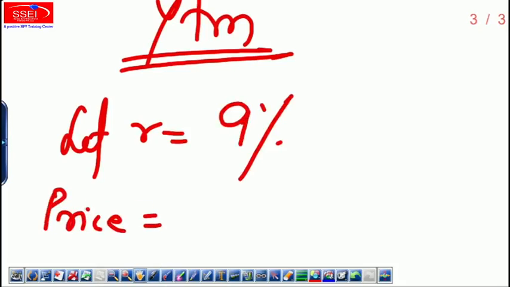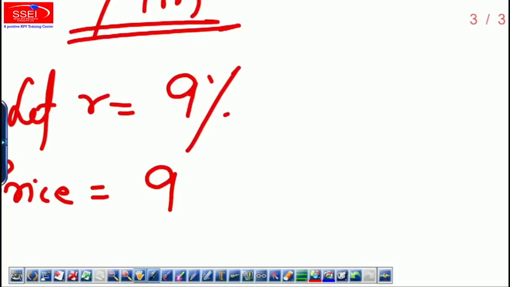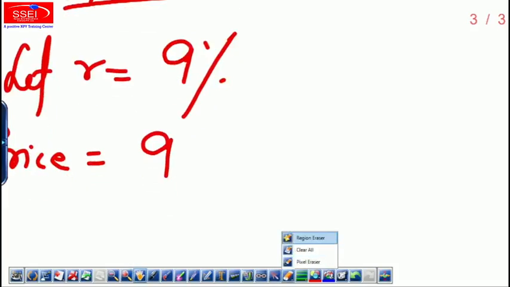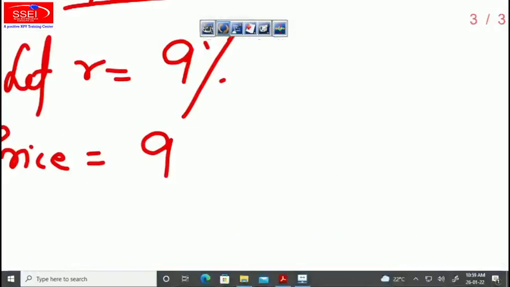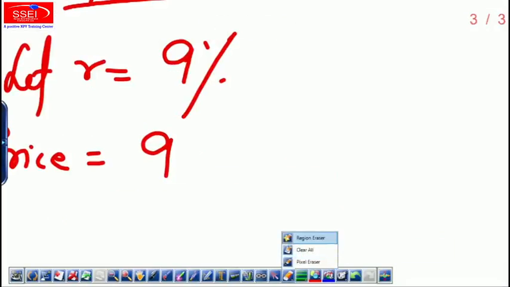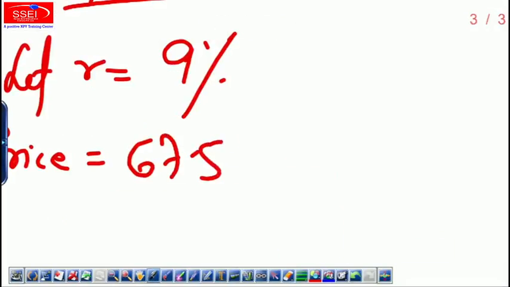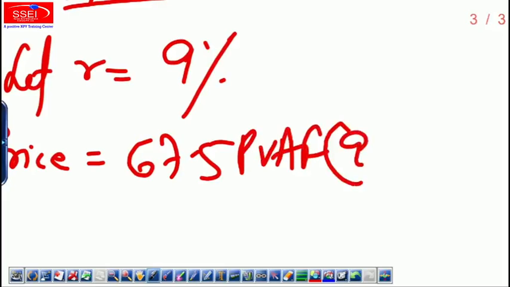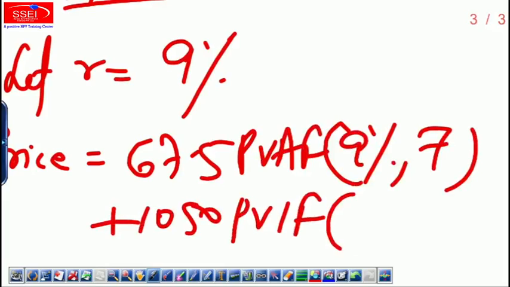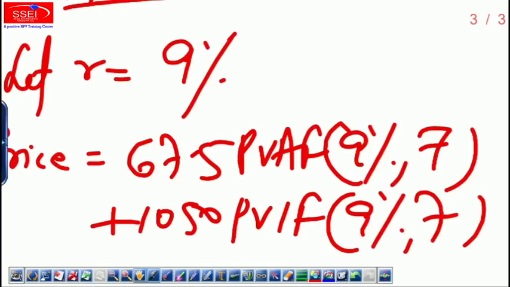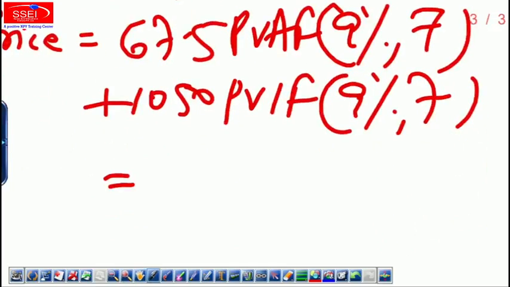So price equal to 67.5 into annuity factor 9%, 7 plus 1050 into discounting factor 9%, 7.